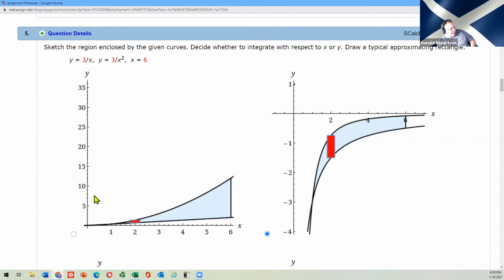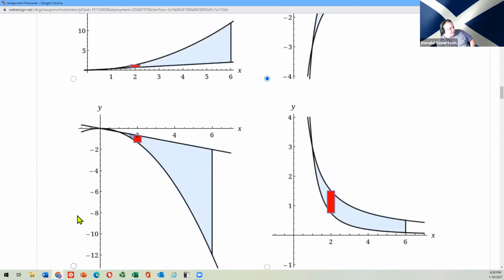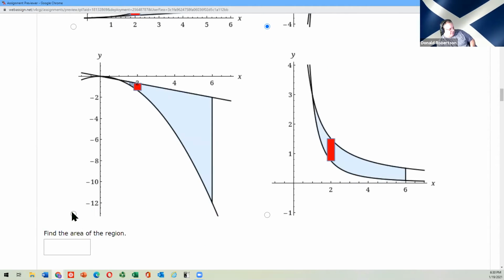Right. If you plug in x equals 1, 2, 3, 4, 5, and 6, won't 3 over that number and 3 over that number squared be positive? So what does that tell me? It tells me that both these curves have to be above the x-axis. So kick out 2, kick out 3.